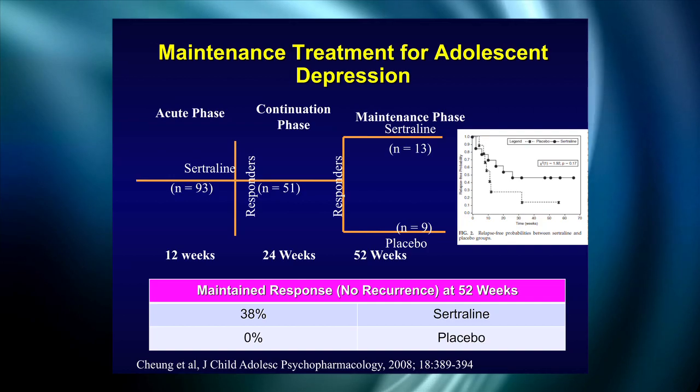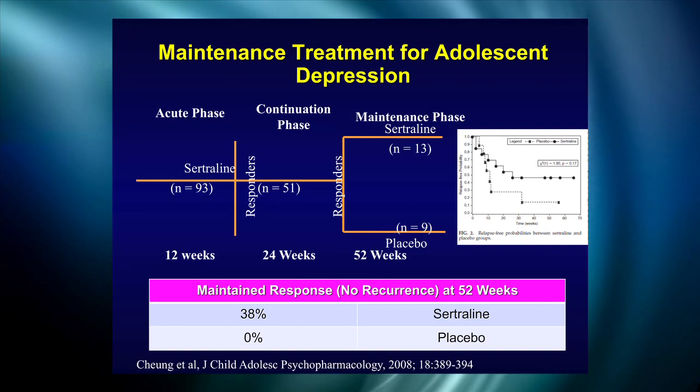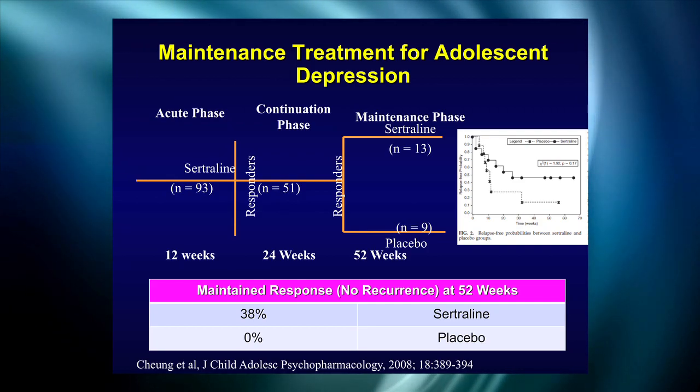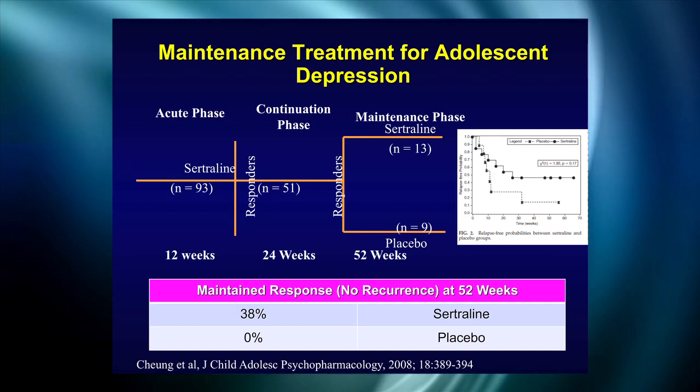So, here's a study looking at sertraline, open trial, given the sertraline. If the people responded, 51 of the 93 people responded, they were on it for the next 6 months or so. And then people who continued to respond were then randomized to sertraline versus placebo for the rest of the year to see what the relapse rate was.